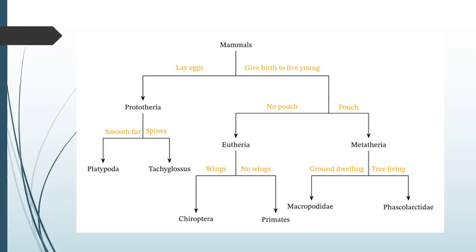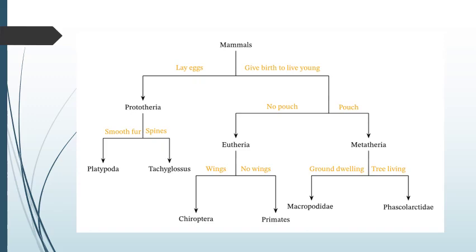Then class Eutheria is again divided into two categories: number one is wings, and number two is no wings. If wings are present, then it will be from Chiroptera, and if wings are absent, then it will be from primates. Then Metatheria is again divided into two categories: ground dwelling or tree living.